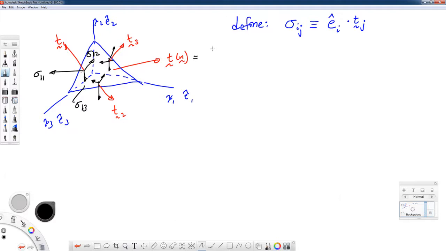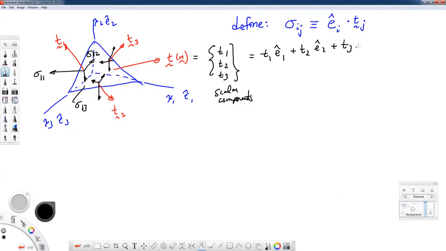It has components T1, T2, and T3 in the E hat 1, E hat 2, and E hat 3 direction. Now, notice here I'm not putting the squiggle underneath of this. These are scalars. These are scalar components. So it has a scalar component T1 in the E hat 1 direction, T2 in the E hat 2 direction, and T3 in the E hat 3 direction.